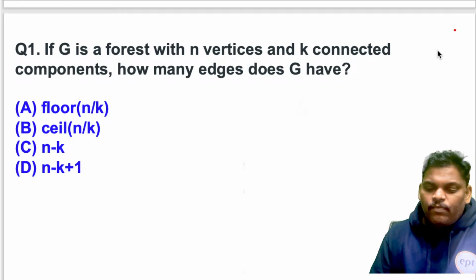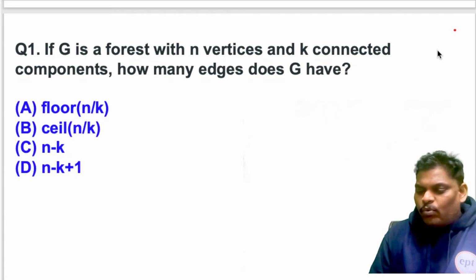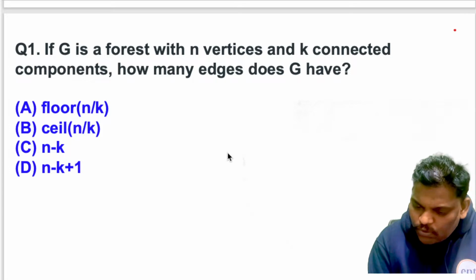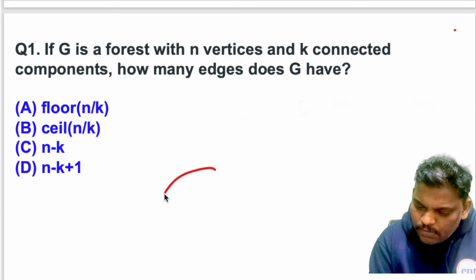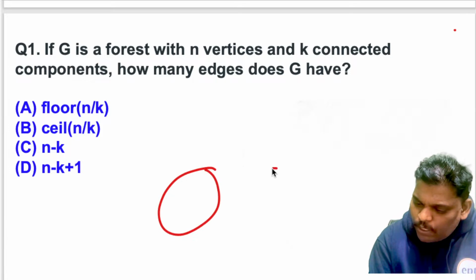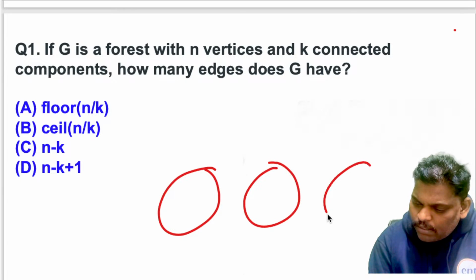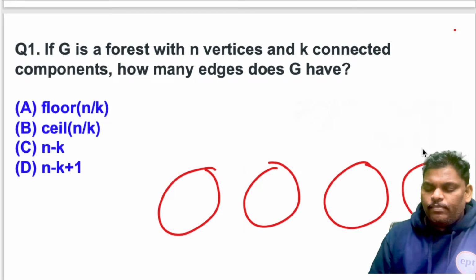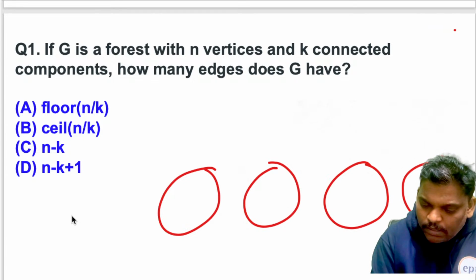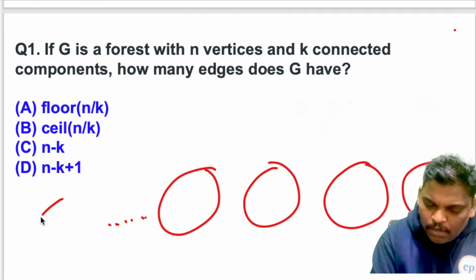So G is a forest with n vertices and k components. See this one, k components: one component, another component, another component. Some k components are there.